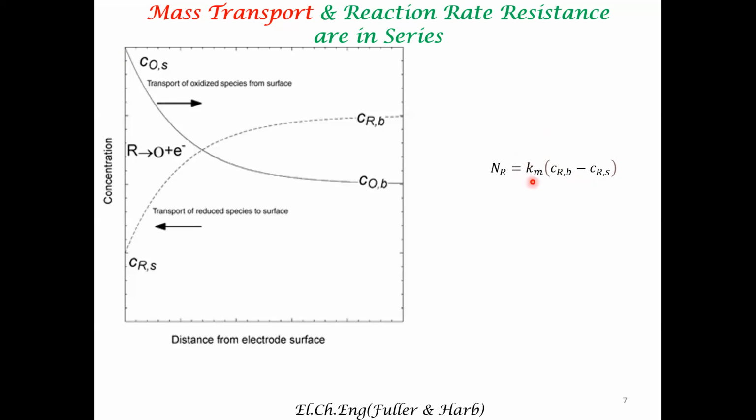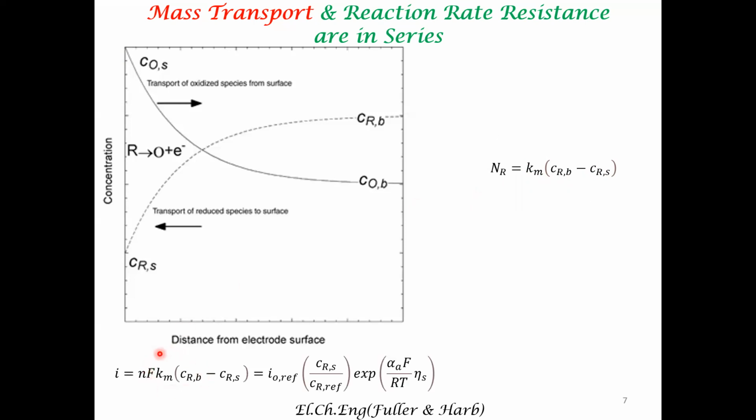A lot of theories have gone into getting expressions for the mass transfer coefficient. We won't go into those in this lecture, but we'll just say that the mass transport can be represented in terms of concentration difference times the mass transfer coefficient. These fluxes can be converted into a current by multiplying by the Faraday constant.